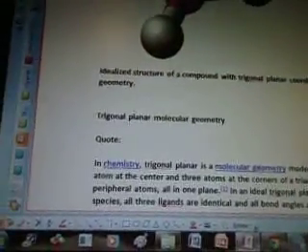Trigonal planar molecular geometry. I'm going to look it up from Wiki. In chemistry, trigonal planar is a molecular geometry model with one atom at the center and three atoms at the corners of a triangle, called peripheral atoms, all in one plane. In an ideal trigonal planar species, all three ligands are identical and all bond angles are 120 degrees. Such species belong to the point group D3h.